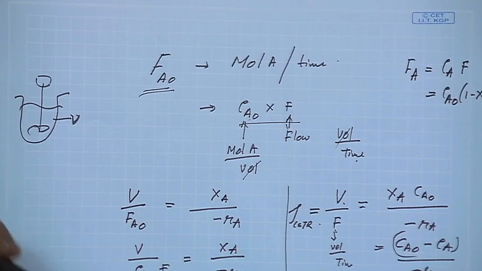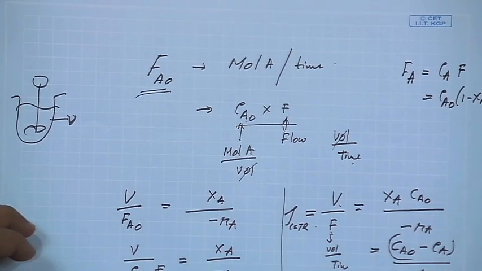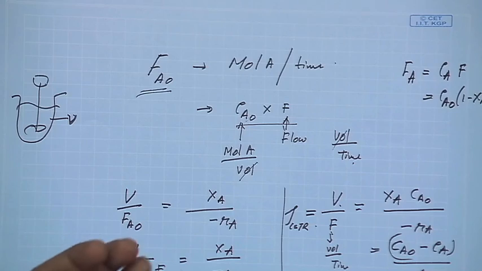Why is it called space time? The reason is that it is how long the liquid resides in the reactor. Because you are passing a liquid through the reactor, the question is how long the liquid stays, because the longer the liquid resides in the reactor, the greater the extent of reaction.